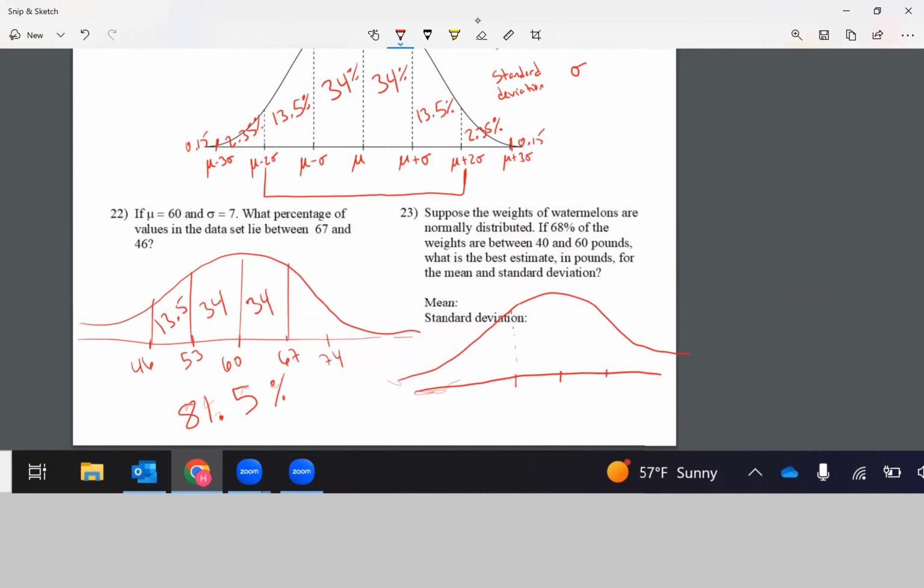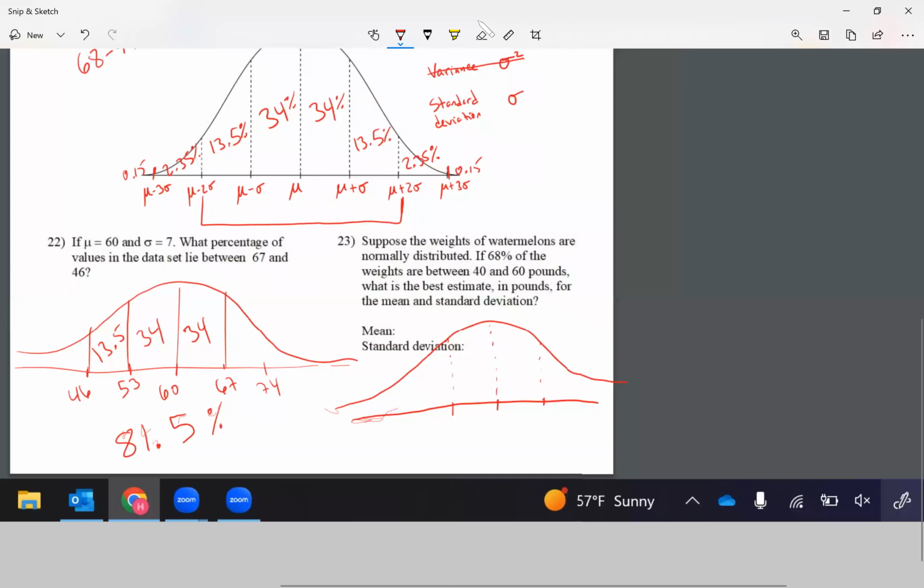Right, my first dotted line there. I'm just looking at the two sections in the center. Isn't that 68%? So 68% of the weights are between 40 and 60. Okay, so this is 40 and this is 60.